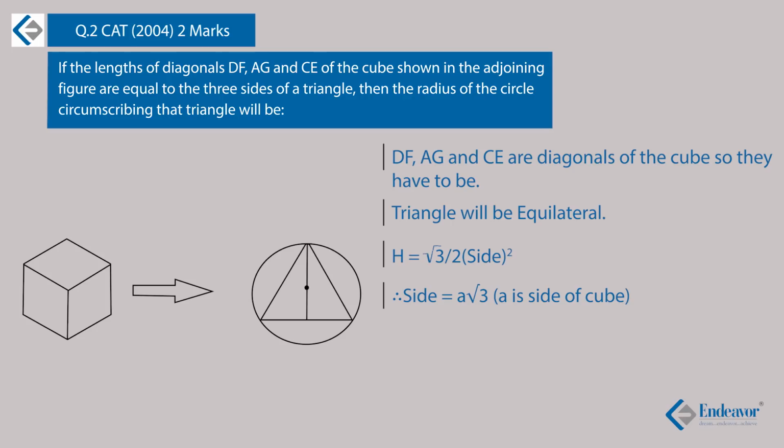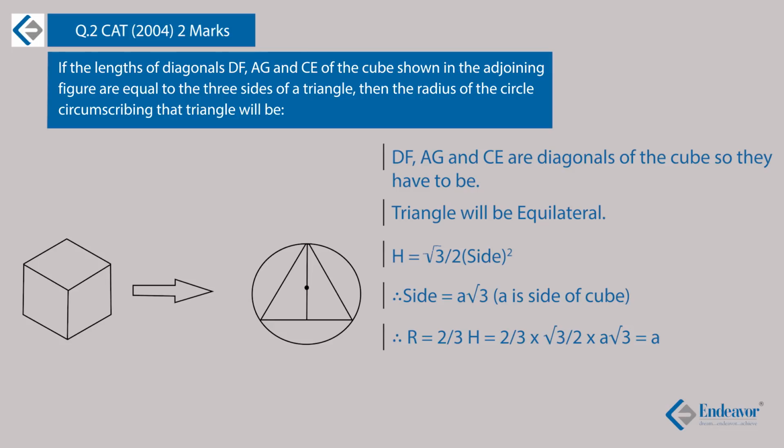What do we need to find? We need to find the radius of this circle. We need to remember this simple understanding that the radius of the circumcircle is always 2 by 3 times the height of the equilateral triangle. How did it come? By understanding that in an equilateral triangle, the perpendicular, the median and the angle bisector are all the same lines, and therefore the centroid will also be the center of the circumcircle that will be drawn on the equilateral triangle.